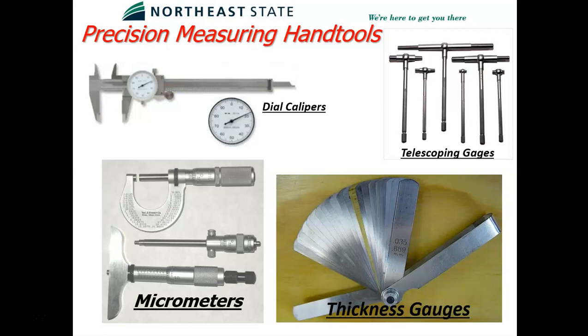Now all three of these, you read them exactly the same way. So if you know how to read one, you can read all three. We're going to learn basically using the outside micrometer. That's the most common. However, on the depth micrometer shown on the bottom, the scale is backwards.